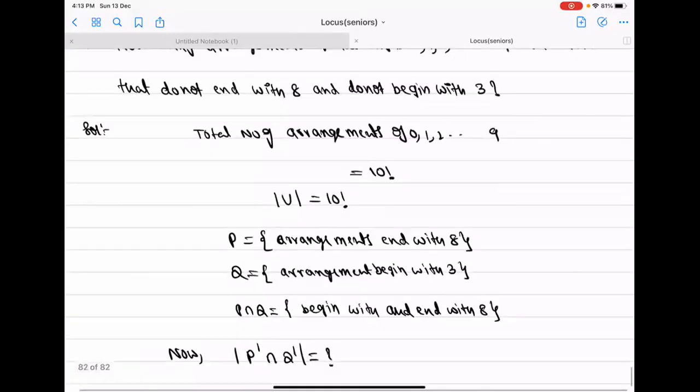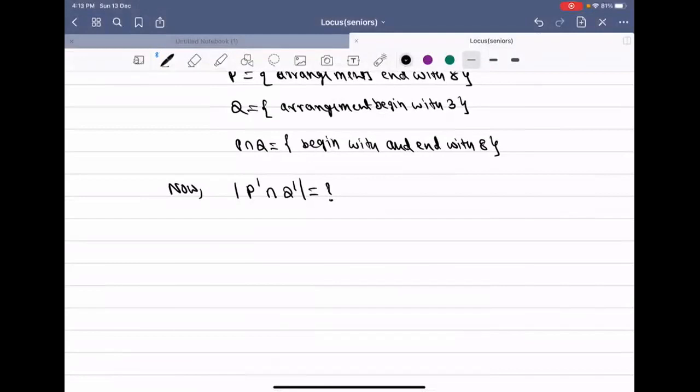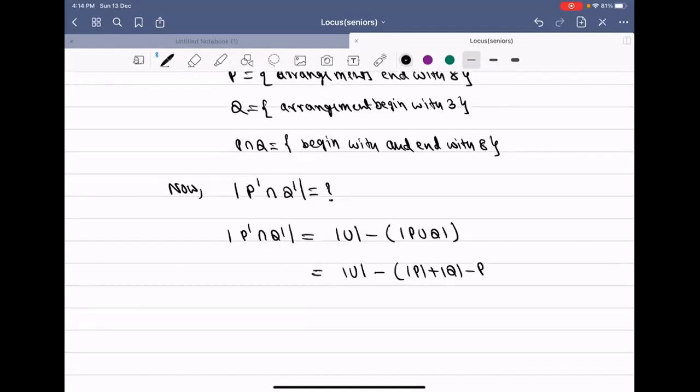So now the question is this. P prime intersection Q prime is equal to the universal set minus P union Q. We already derived that: universal set minus P plus Q minus P intersection Q. Actually, the result is already proved, so you can use the direct result, the last result, S1, S2.